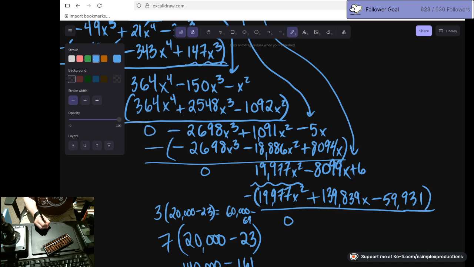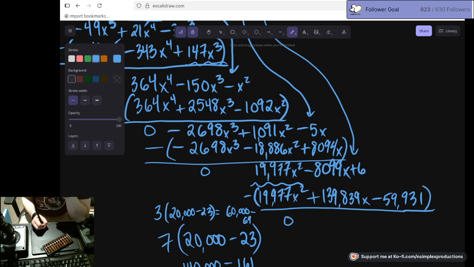So now this is going to get us, again, 0x squared, as we knew was going to happen. And then we get an 8,099 plus negative of all of it. 8,099 plus 139,839.